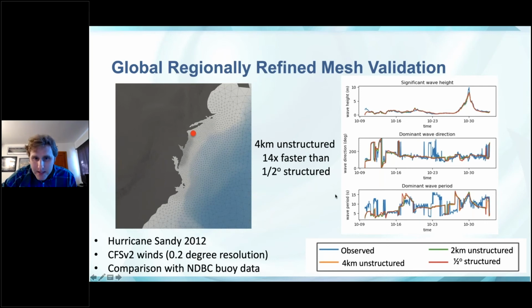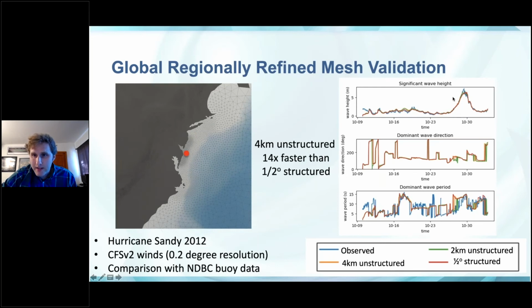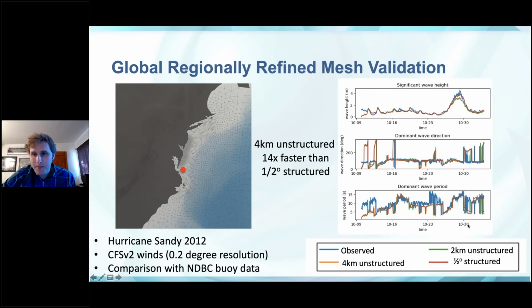But the performance is quite a bit better for the unstructured meshes, because for these cases, we have very coarse global resolution and refinement in the region of interest, whereas with the structured, we have that resolution everywhere. So moving on, we're modeling the peak waves of Sandy really well, and the direction and periods during the storm really well.